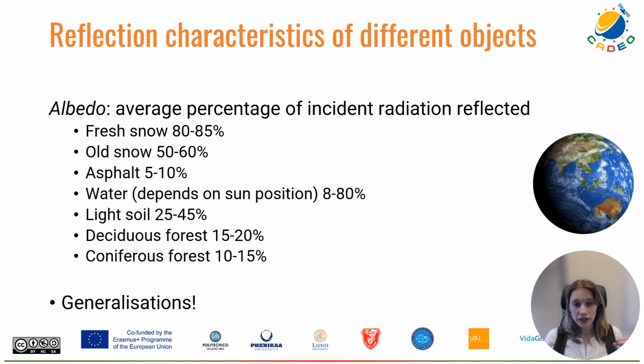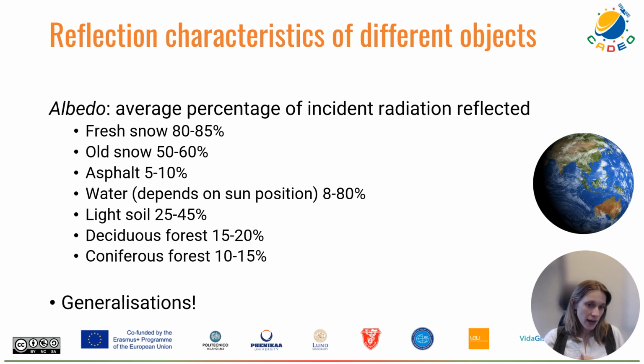But water generally appears quite dark on satellite images, so when the sun is up, in daytime satellite images, water generally has a very low reflectance, a low amount of radiation reflected. It absorbs a lot of the radiation.